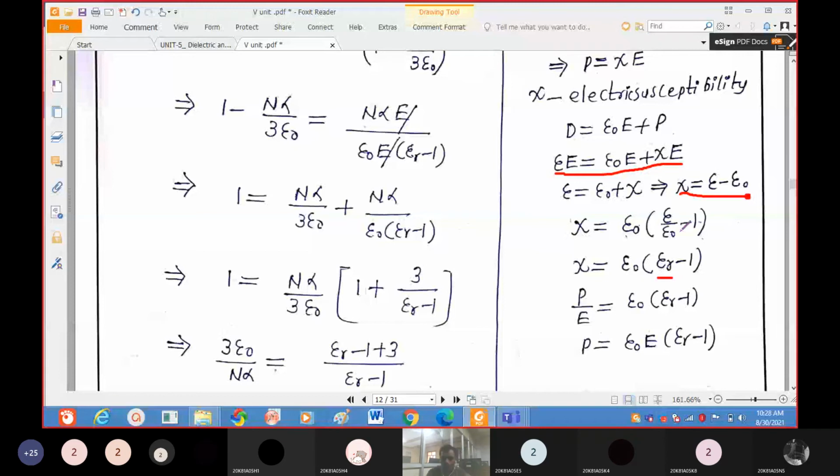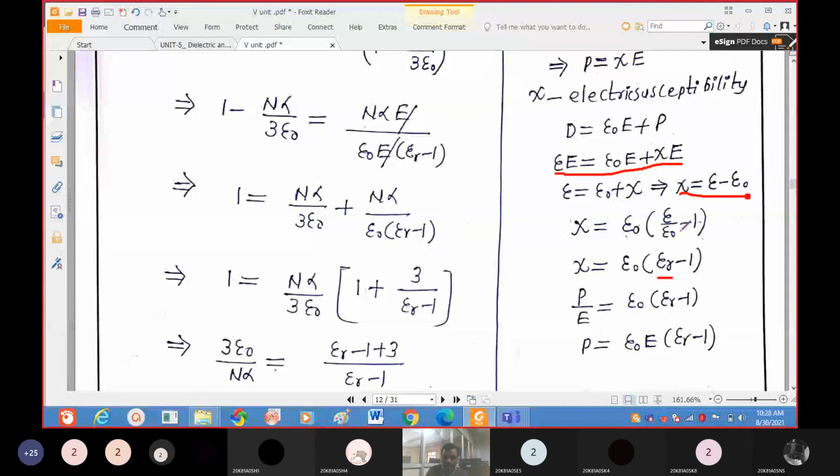Now susceptibility. What is the definition of susceptibility? When a dielectric is placed in an electric field, it is polarized. The polarization is P bar and the applied electric field is E bar, which gives the directions of polarization and electric field. P bar is equal to chi into E bar.